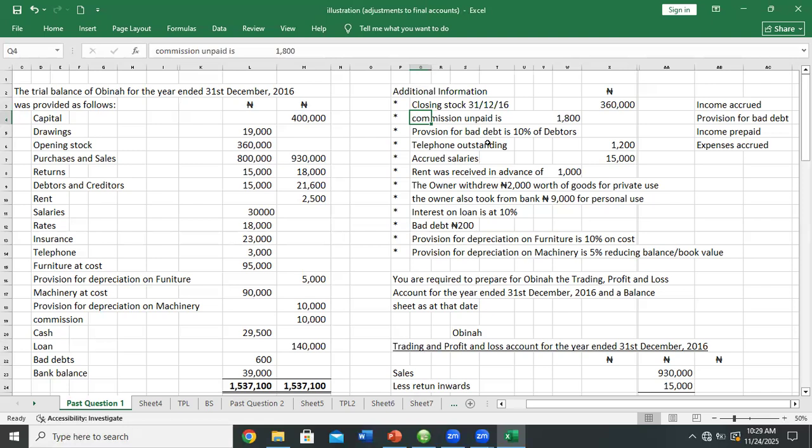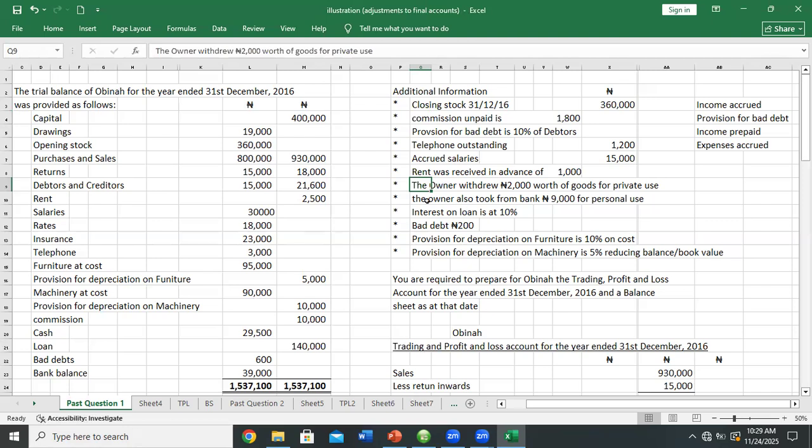You have provision for bad debt. That one I said we should hold on. You have telephone outstanding. You have accrued salaries. You have rent was received in advance. You have the owner withdrew 2,000 worth of goods for private use.